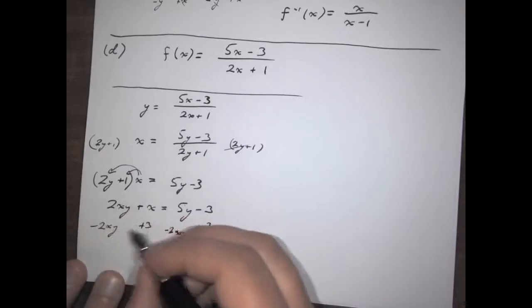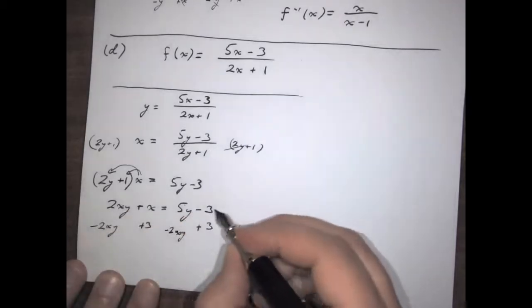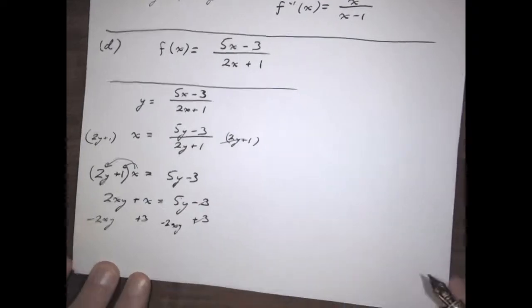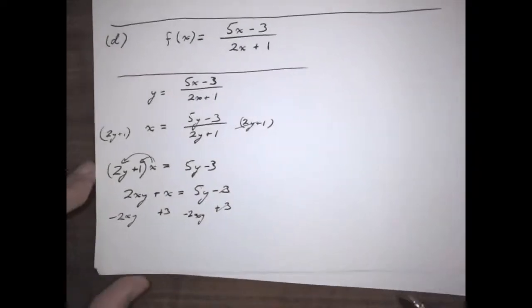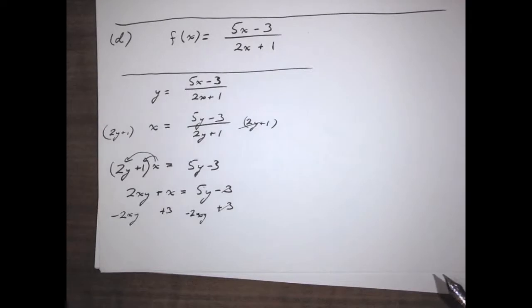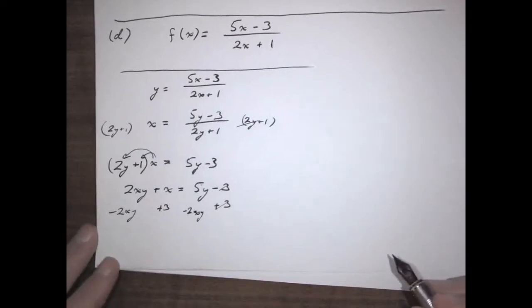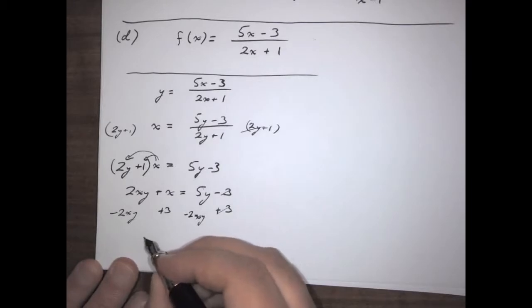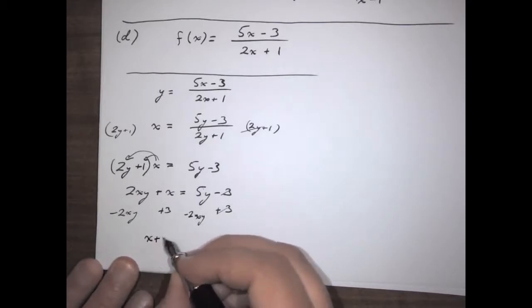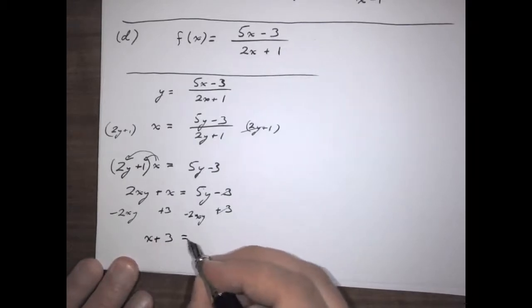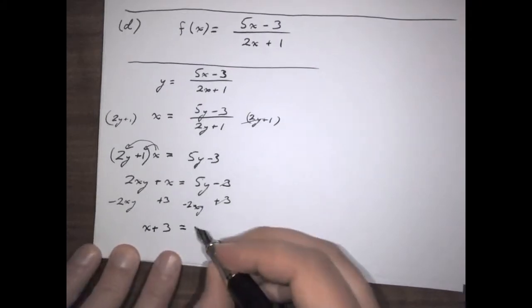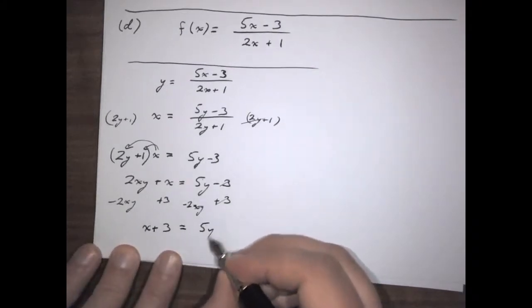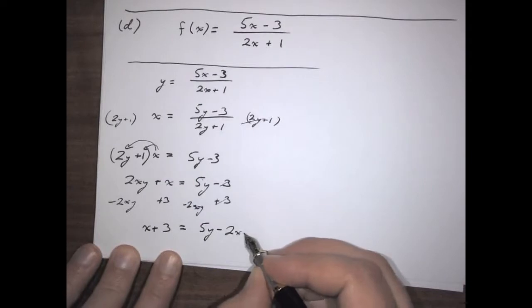Again, not an important thing, but it is always a little bit helpful to do what you can to make sure that the most terms possible are going to be positive and not negative, just to make your own life easier. So it's going to be an x plus 3 on the left when all is said and done, and on the right it's going to be 5y minus 2xy.